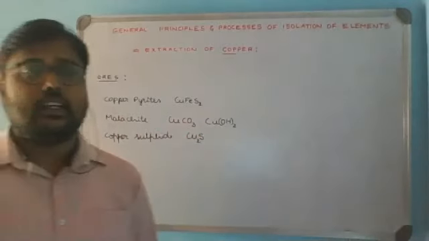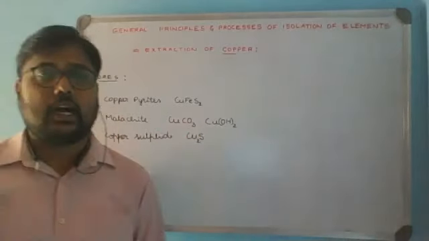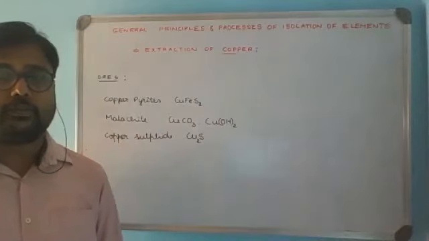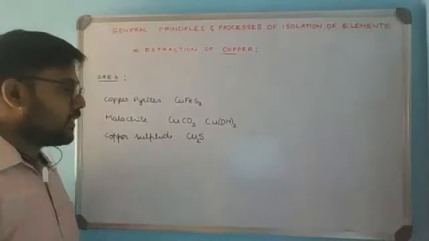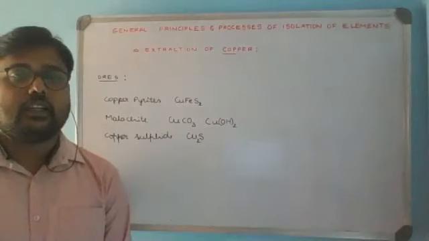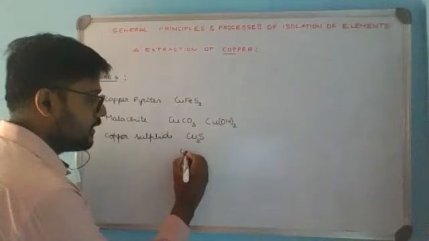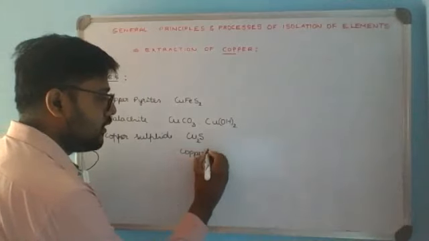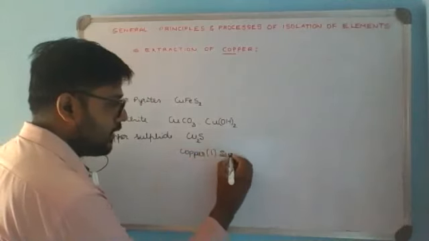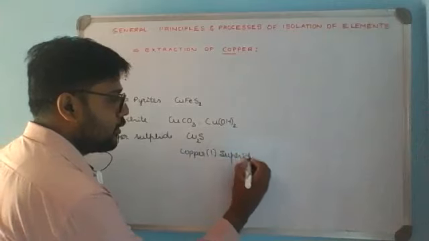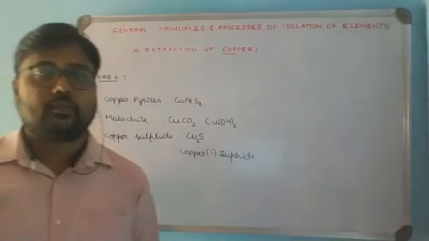So these are the three important ores of copper that we discussed earlier. The major ore of copper is copper sulfide, Cu2S, where the copper is present in a +1 oxidation state. It is copper(I) sulfide, that is cuprous sulfide.